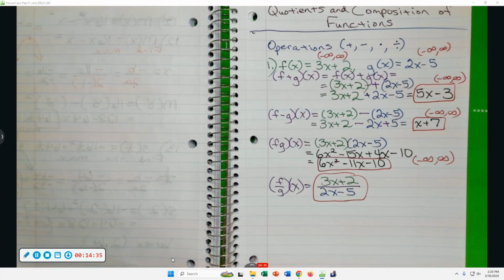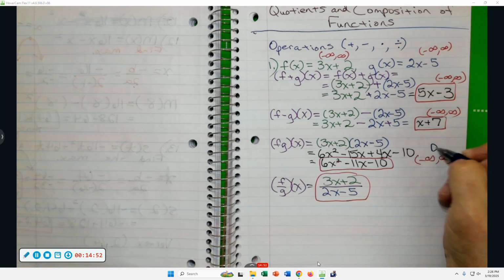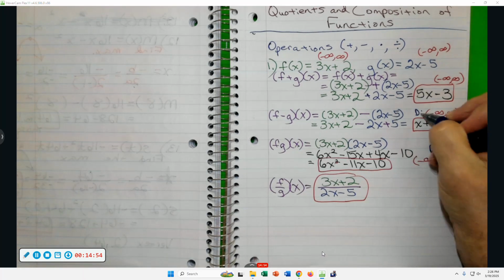Except for the domain. For the domain, there's no square root, so you're not going to get imaginary numbers. But I see a fraction bar. What do you not want to have happen? Okay. Don't want that 0 at the bottom.